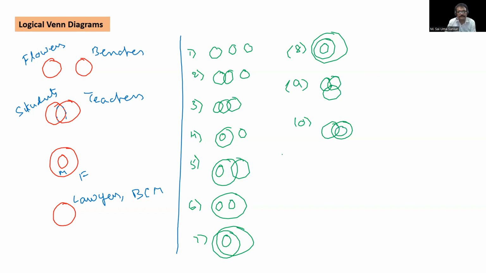This is 10. So there are 10 different combinations, and some more combinations are also possible.